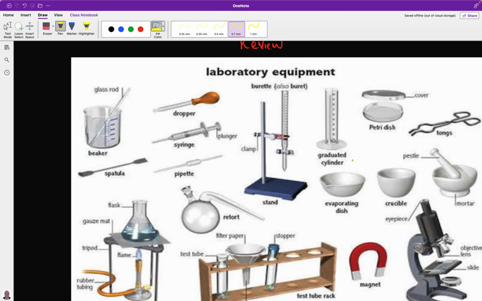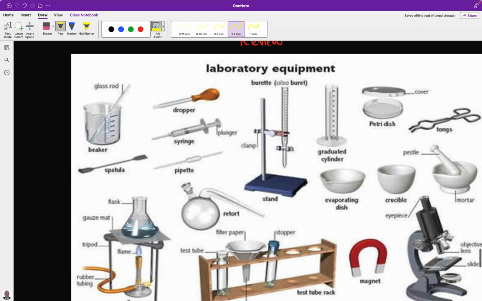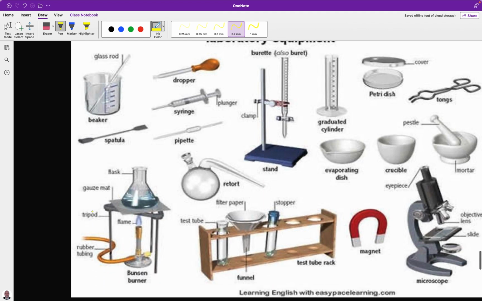We have a graduated cylinder, which is for quick measurement of volume. This is a Petri dish. This is a tong that you can use in holding any glassware like the beaker. We have a tripod and the gauze.